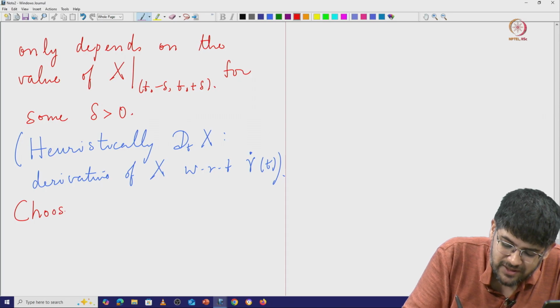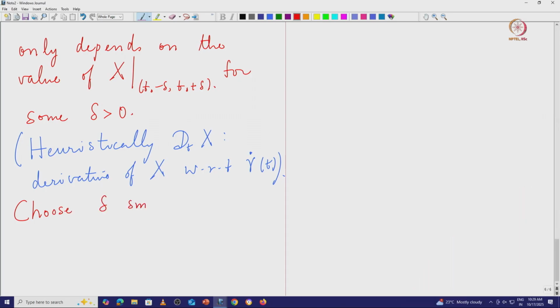So now choose delta small enough such that this entire segment of the curve is contained inside U, where U is a coordinate neighborhood.